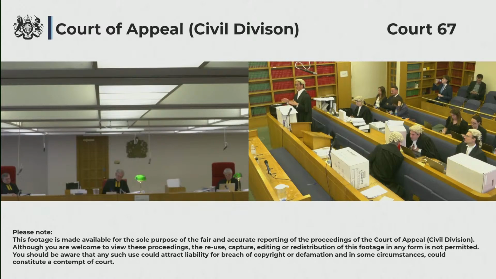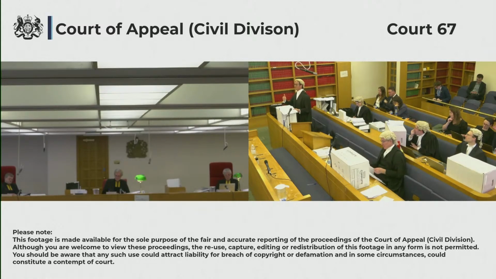And the simple point I make is this: that whilst I accept it's not a conventional characterization approach, what is interesting about it is that the rule in Chetty and Chetty itself, as I understand it, does not proceed by way of a very meticulous characterization approach. It simply, effectively, identifies what it considers to be an appropriate conflict rule for that particular situation. And of course, what it is seeking to do by choosing that approach is trying to find the law that in the circumstances should fairly be considered to be the most appropriate system of law to apply to the relevant issue.